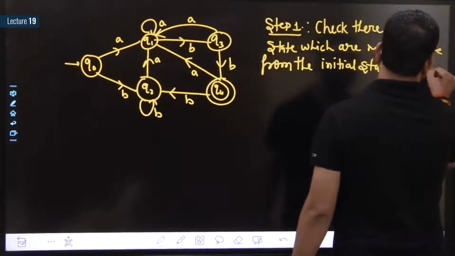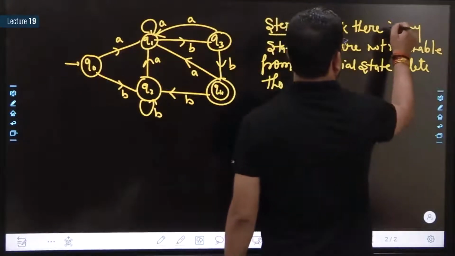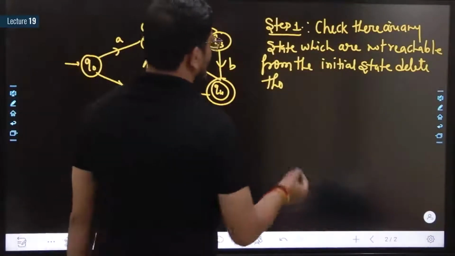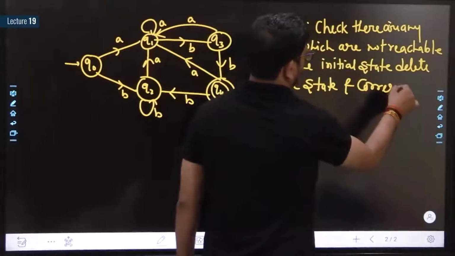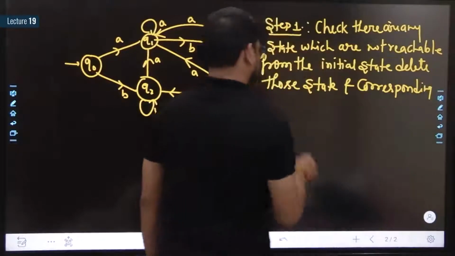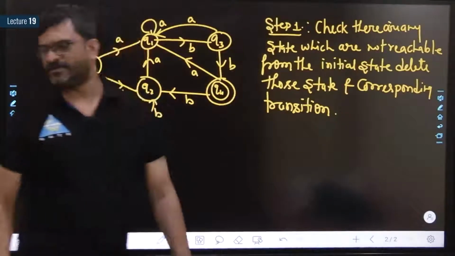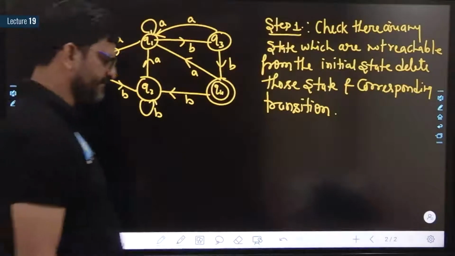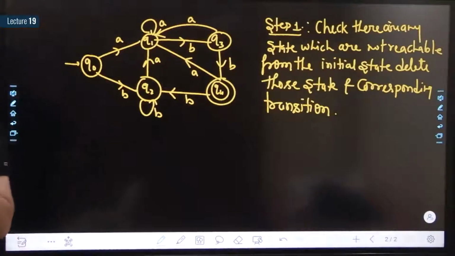Delete those states and the corresponding transitions. What is the first step? Select those states which are not reachable from the initial state, and delete those states and corresponding transitions. Clear?